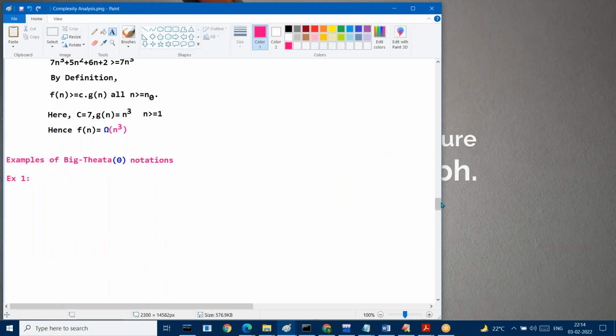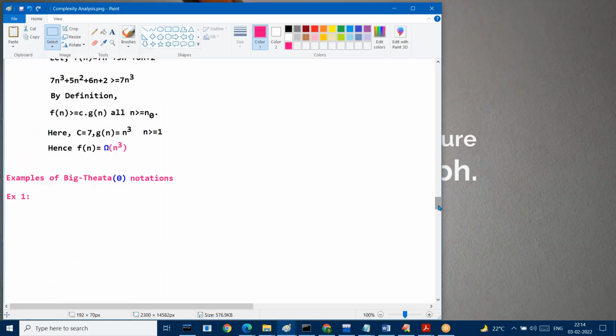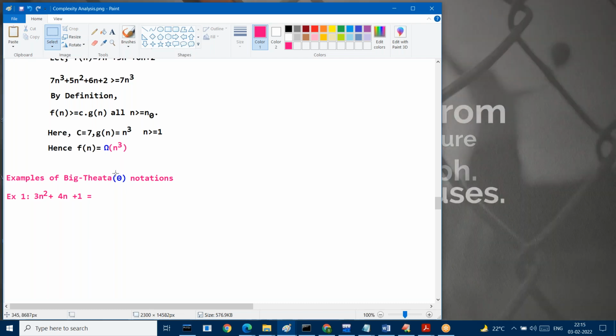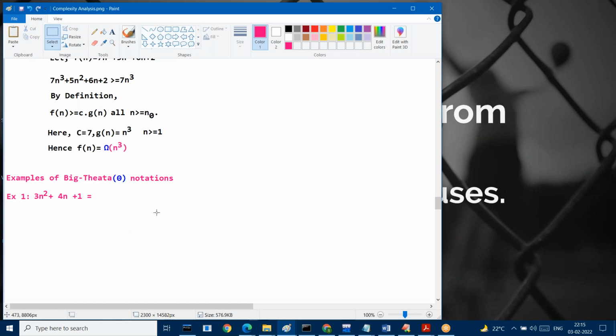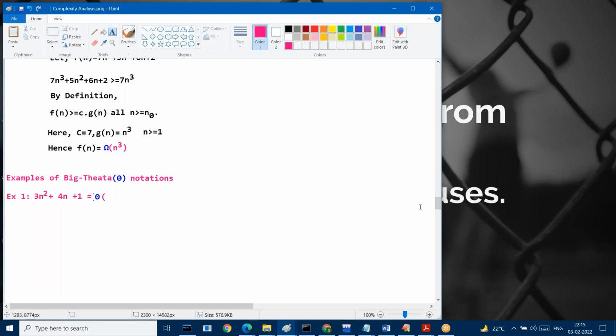Same example, sir. 3n square plus 4n plus 1 will be what? Big theta of n square.